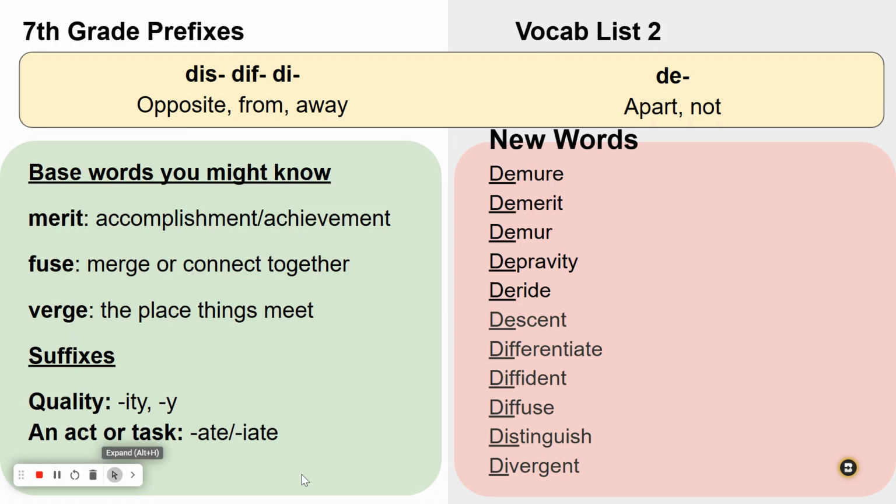Activity, in that case, it's a noun. Quality is a noun. The activity is the quality of being active. An act or task, the suffix ate or eate means that something is being acted out. So these are our words, and let's start writing them.